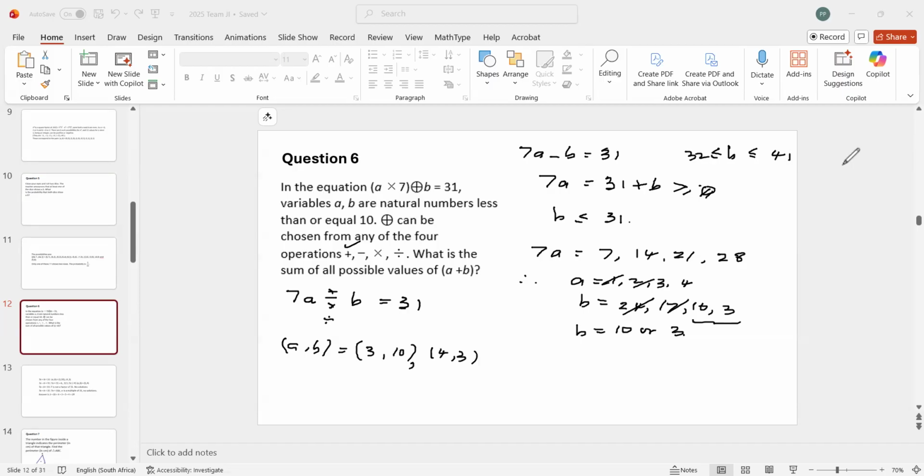Before I didn't observe this. So now you're looking for the multiples. Not this, it is 31 plus B. Sorry.